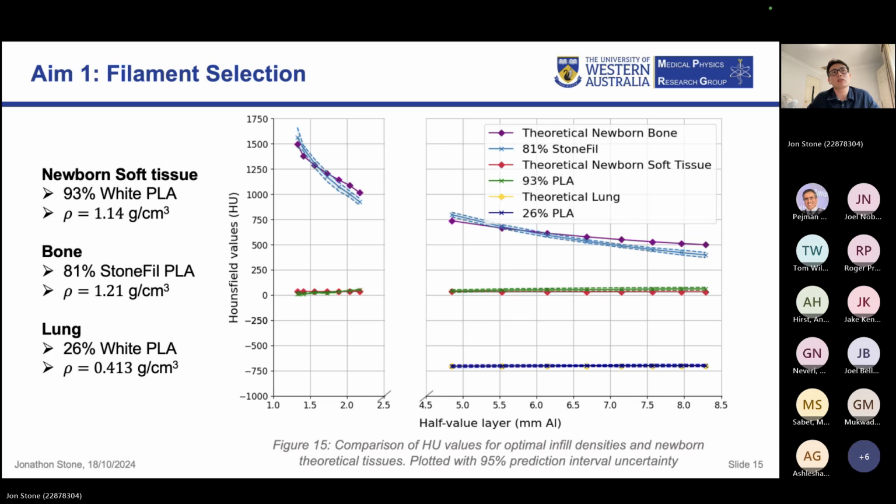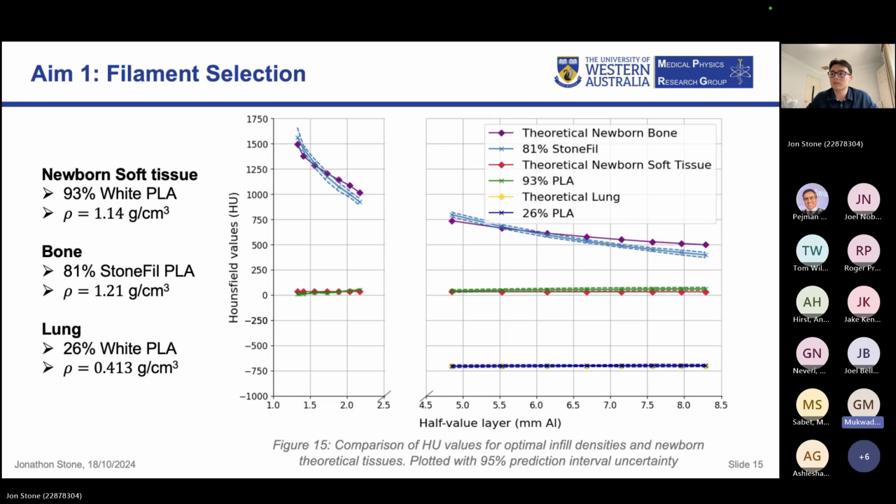Sorry, what do you exactly mean by radiation properties? Do you mean like linear attenuation? Yes, you are looking at the properties of that material so that you can say they are equivalent to bone, equivalent to soft tissue for pediatrics.